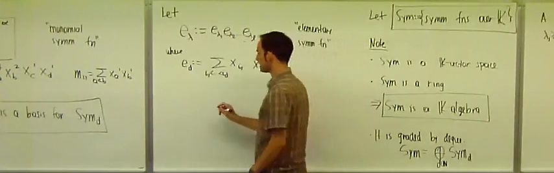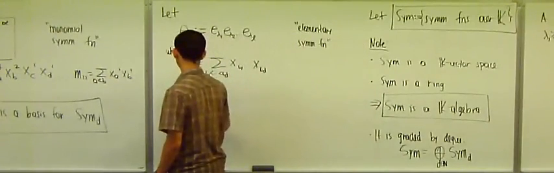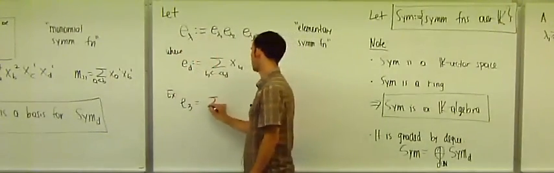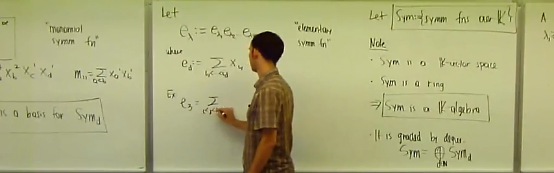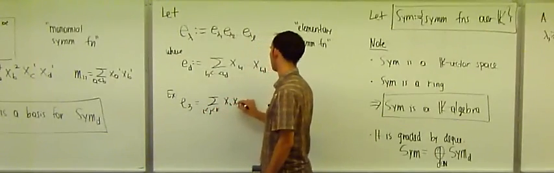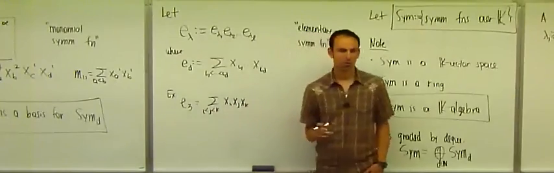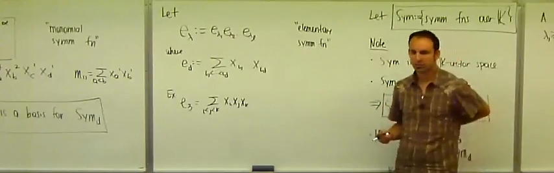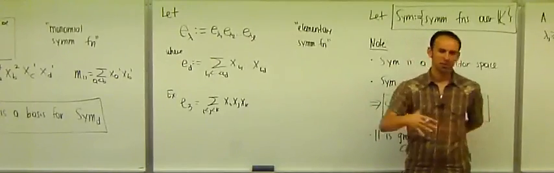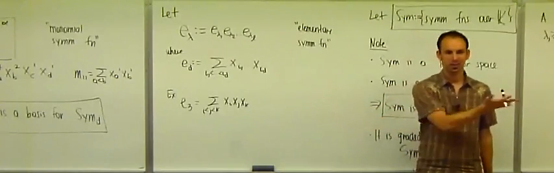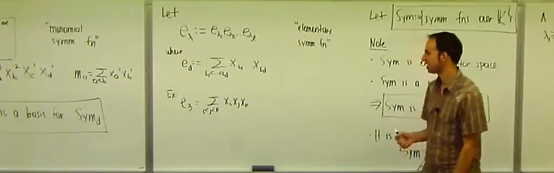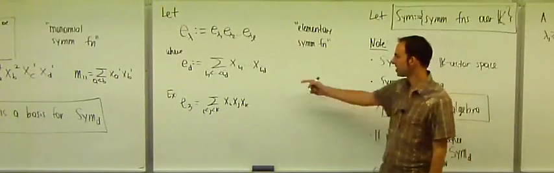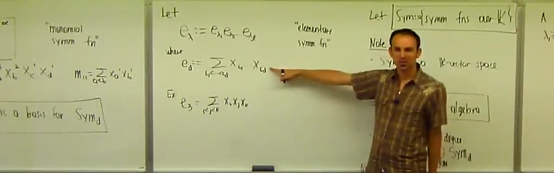So let's do an example. E3 is going to be the sum over i less than j less than k of xi xj xk. Okay? And so these are just all the different triple products among all your variables. You have x2, x5, x7, x8, x10, x100, etc. Okay? So do you recognize this as a monomial symmetric function?